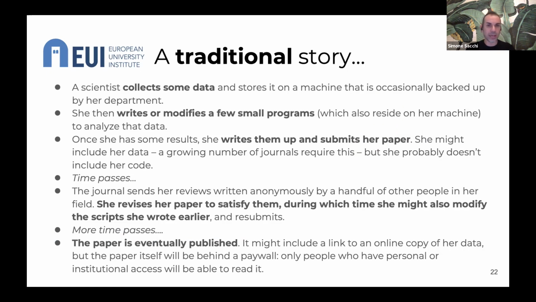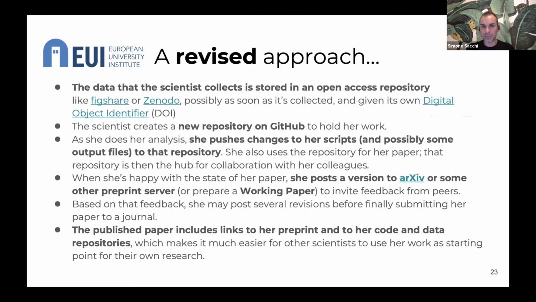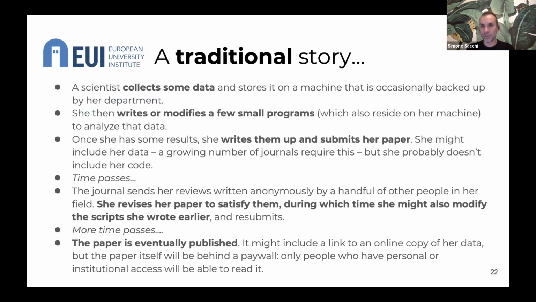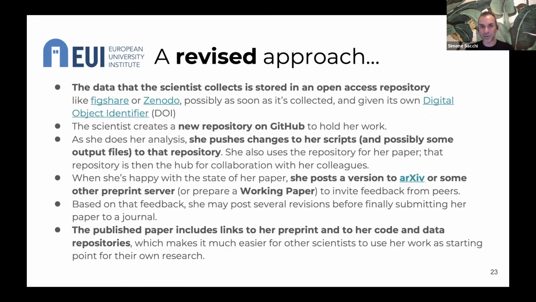I don't know if we have time, but you might want to go through these couple of slides on your own because they are pretty dense. But it's a story. You have a traditional story where you read through how things have been done traditionally. And the second version, which is a sort of revised approach, tells you a slightly different story, where a lot of the things that we discussed so far are actually applied.